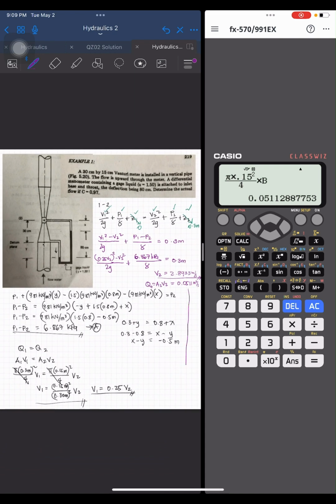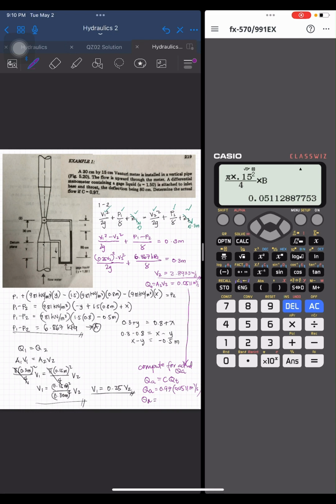So, punta tayo dito sa baba para sa actual flow. Compute for actual flow. QA is simply Cv times QT. QA is equal to 0.97 times 0.0511 cubic meter per second.